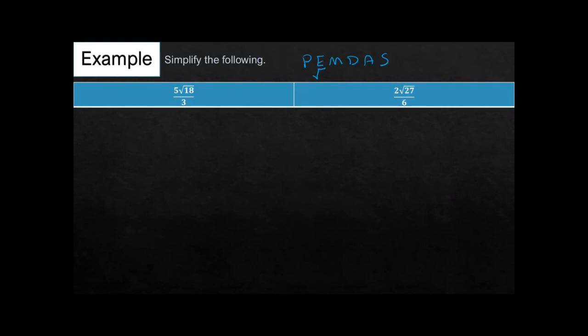So on the left here, we have 5 times the square root of 18 over 3. The first thing we have to do is simplify that square root. For 18, we want to simplify it in such a way that we have a number that we can take the square root of.